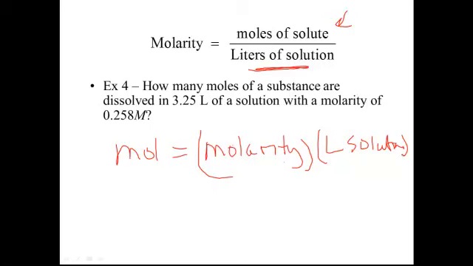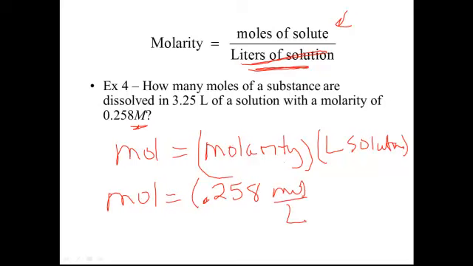That's multiplying both sides by liters of solution and canceling it on this side. So to get moles, we take our molarity, 0.258 big M, which again stands for moles per liter, times the volume of our solution, 3.25 liters.